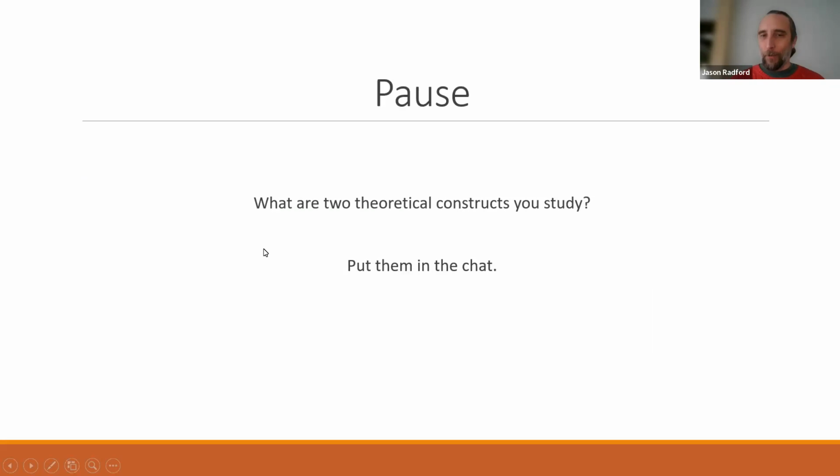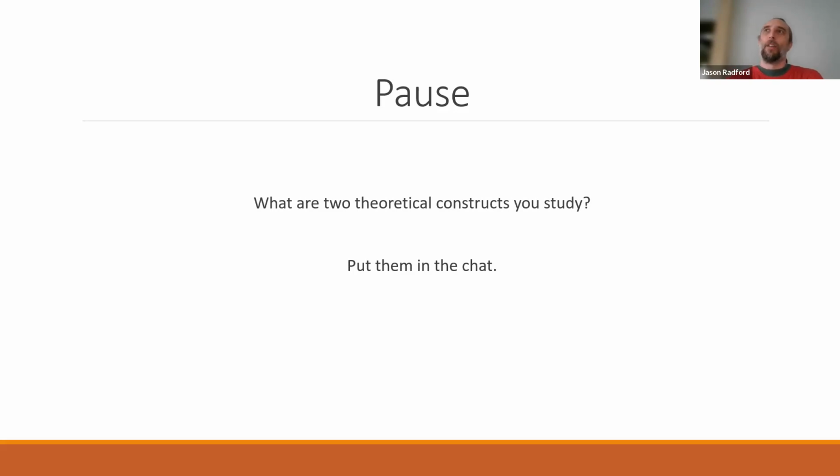So this is going to be our first pause. Oh, and my little timer thing doesn't work. I was going to give everybody 30 seconds. What I want you to do is put in chat two theoretical constructs that you study. So if you're studying gender inequality and wages, you say gender and wages.